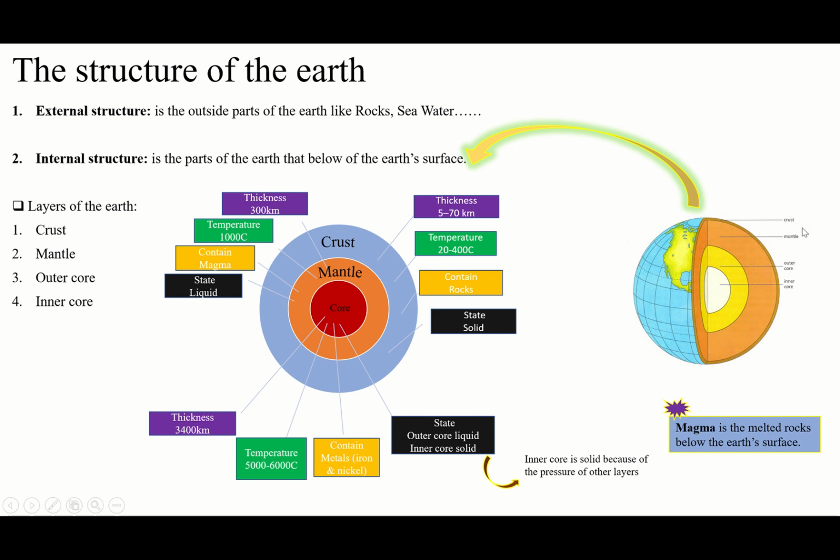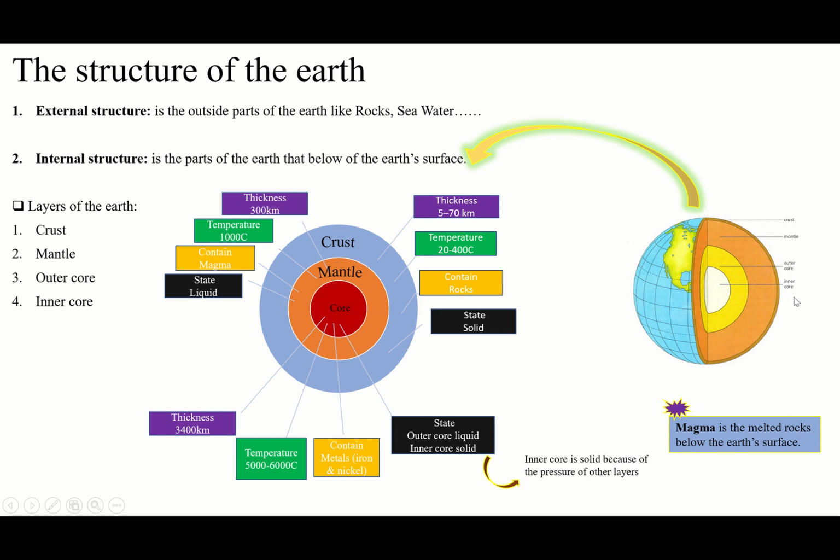After crust, the second layer, below this, when we say the second one, it means below this, not above this. Okay? We are starting from the top. The top one, the surface, is crust. The second layer below this crust is mantle. After that, we have outer core, the yellow one here. And the white one is inner core, which is in the middle, okay?